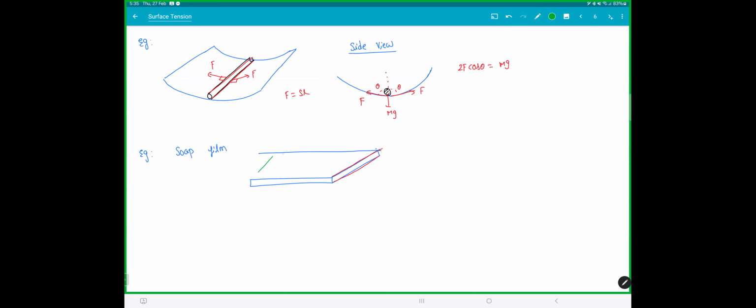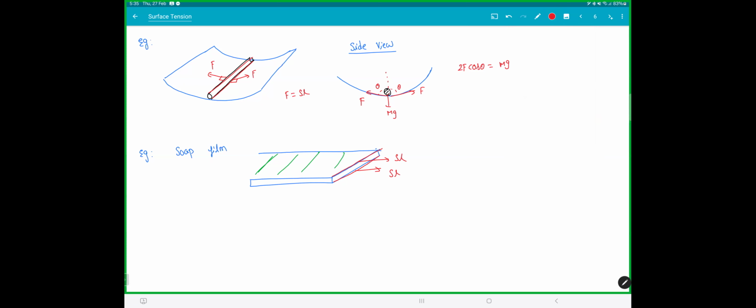So basically, this is the soap film here. So we will have a force S into L and we'll have a force S into L. Getting it? Again, something similar to this.